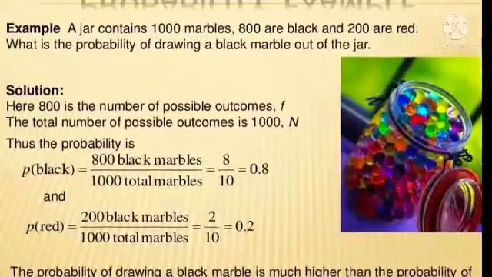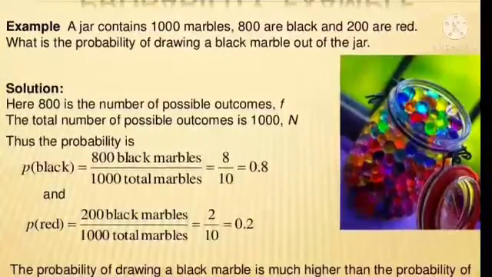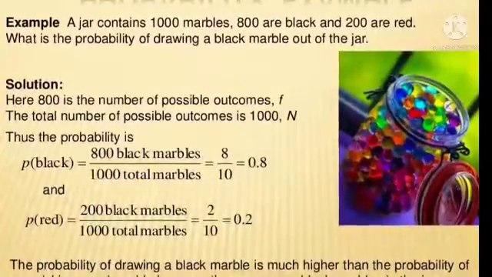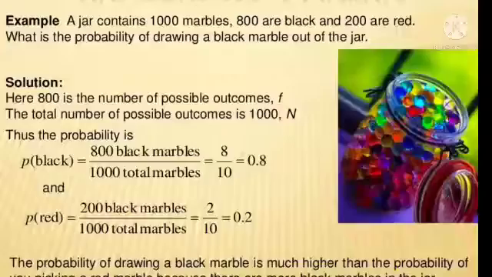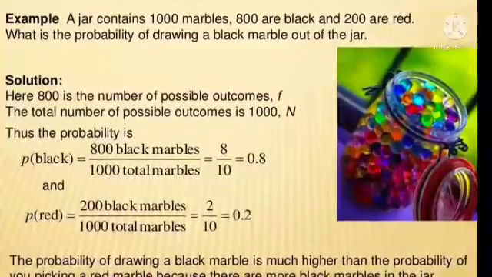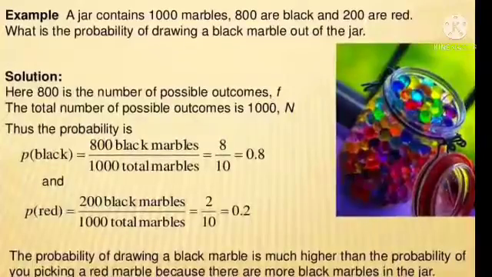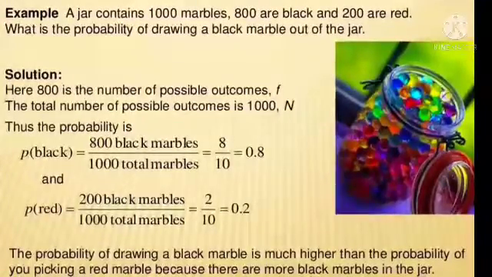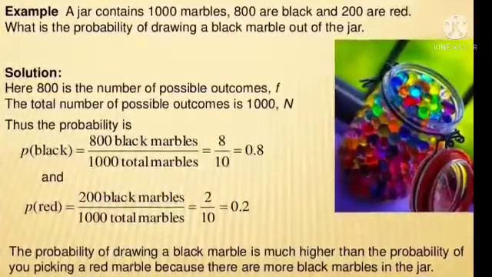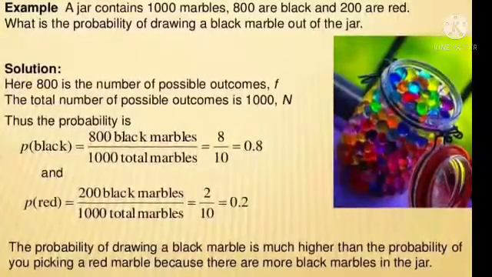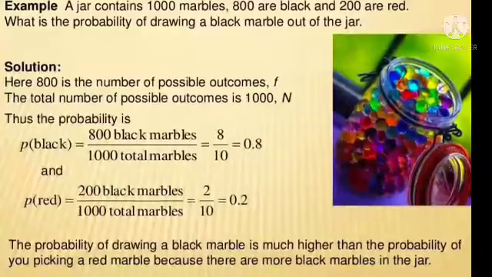And probability of red is equal to 200 red marbles divided by 1000 total marbles is equal to 2 divided by 10, which is equal to 0.2. The probability of drawing a black marble is much higher than the probability of picking a red marble because there are more black marbles in the jar.